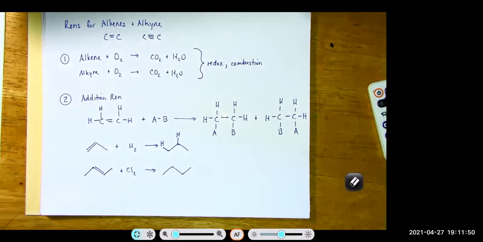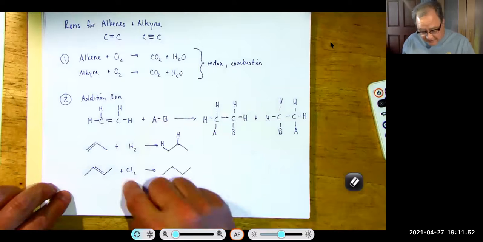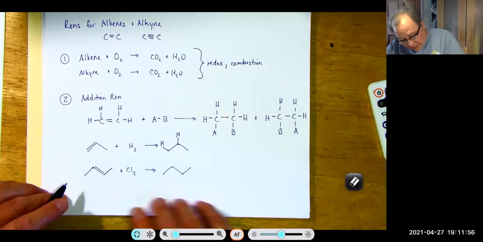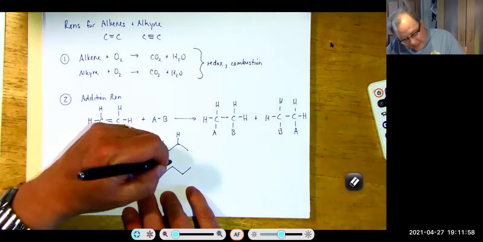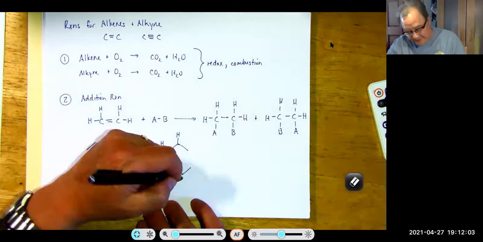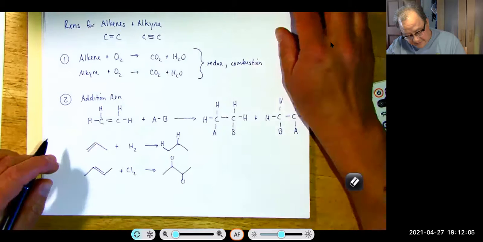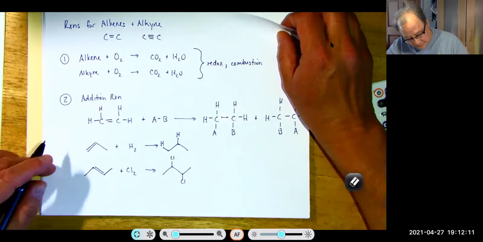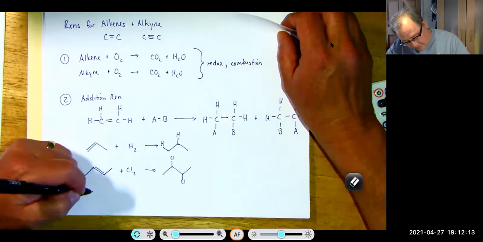In this case, A is chlorine and B is what? Chlorine. So I'm going to put one chlorine at one end where the double bond used to be and the other chlorine at the other end. Okay, let's try another one now.